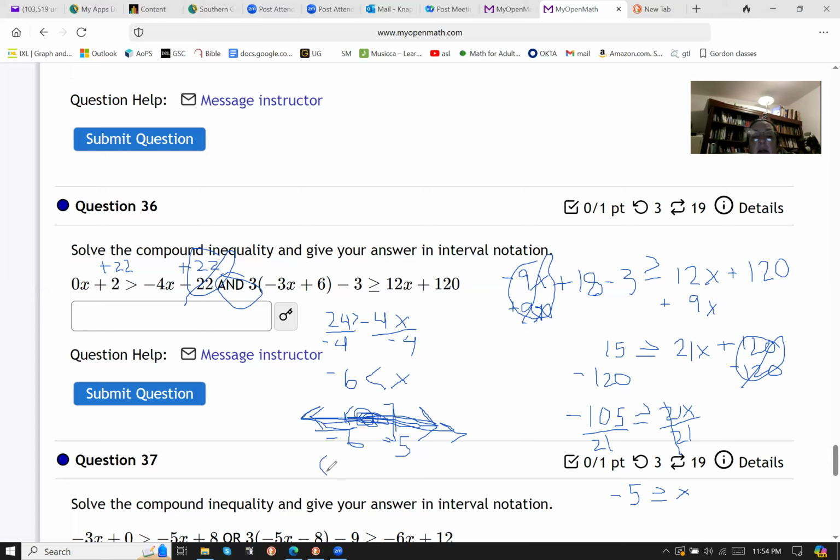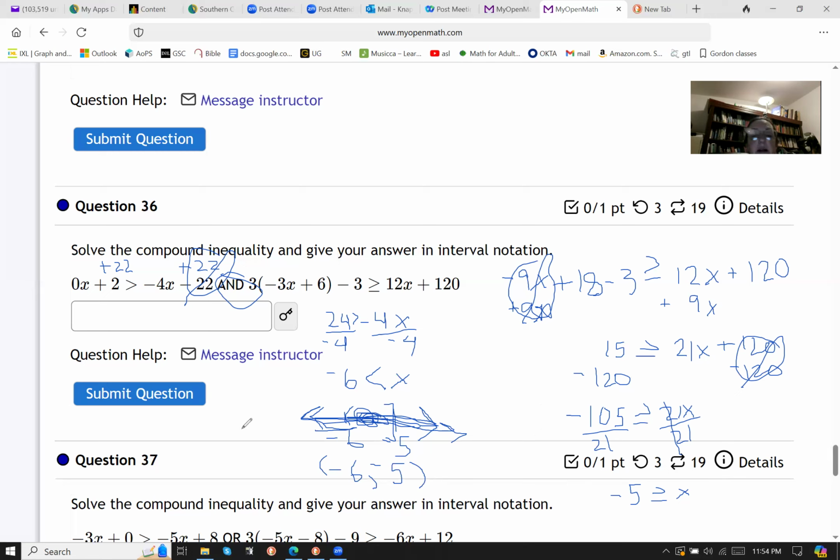So from -6 all the way over to the -5. x has to be less than or equal to -5, but greater than -6, and that's the overlap.